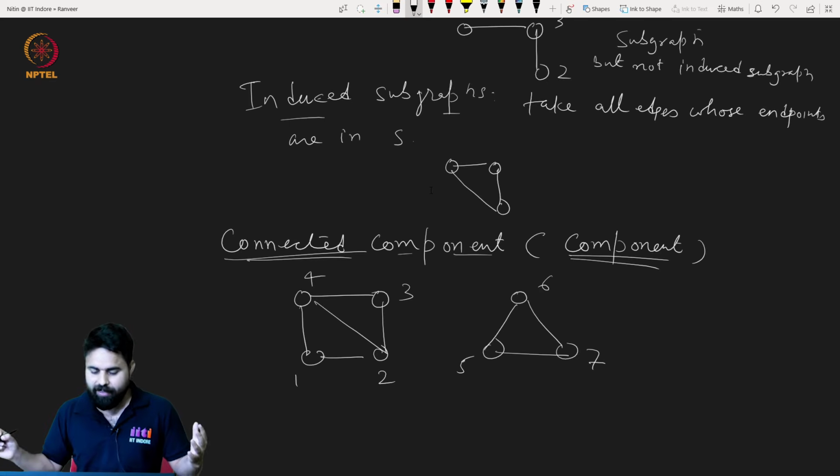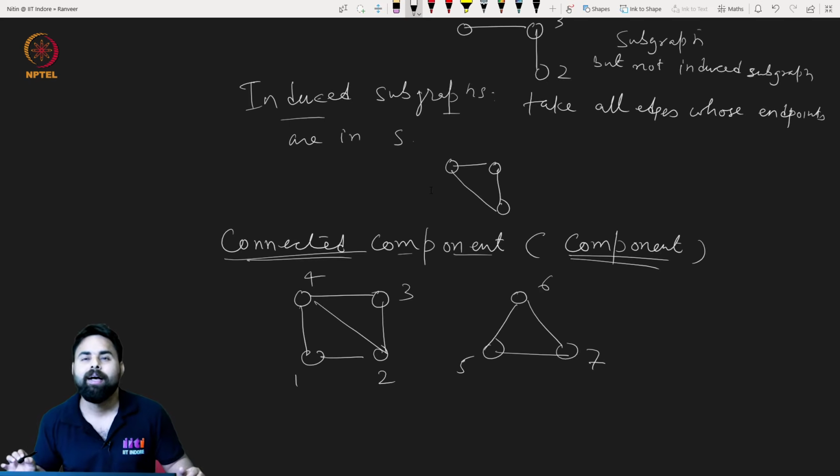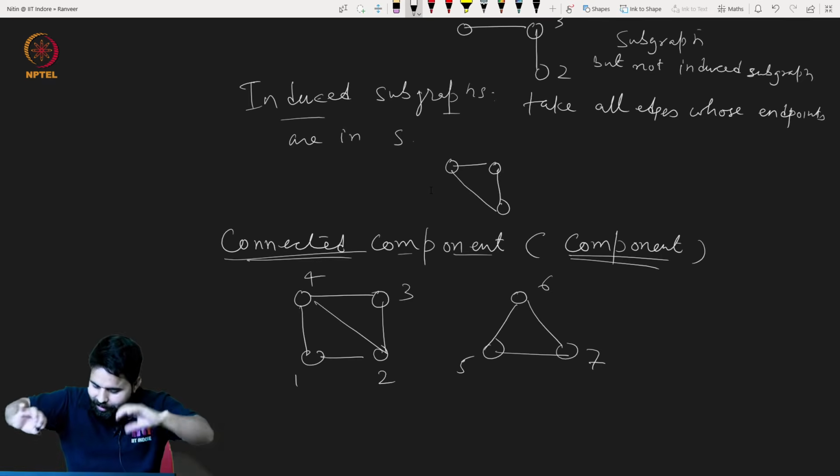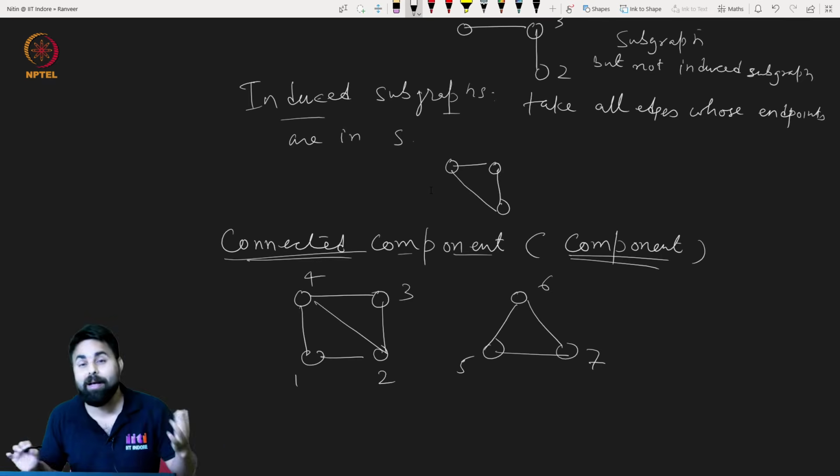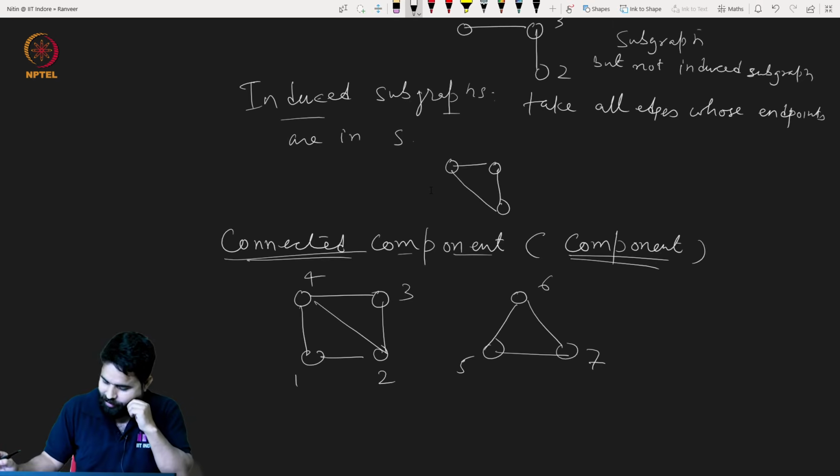Before defining a connected component, let me tell you there are 2 connected components. Now think about what could be the definition of a connected component. Why am I saying this? There are 2 chunks of subgraphs of a bigger graph, and no vertex in one chunk is able to reach the other chunk, right?